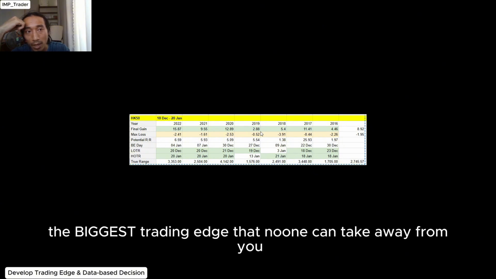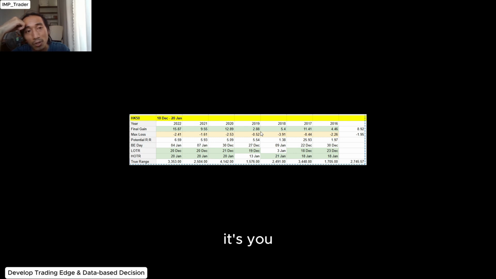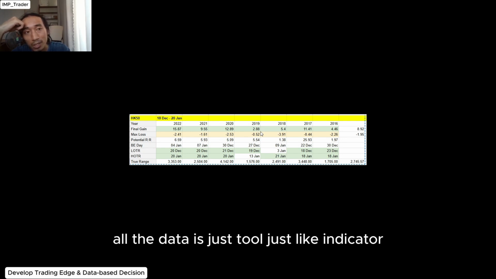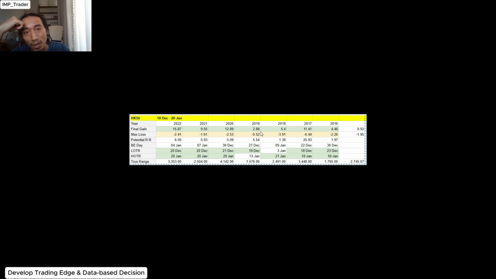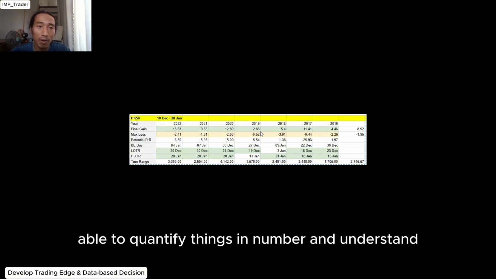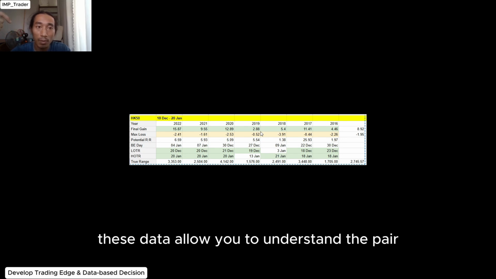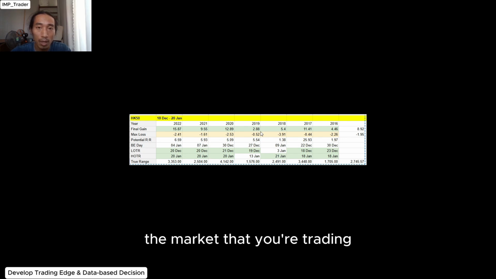it's the biggest trading edge that no one can take away from you, and it's you. All the data is just a tool, just like an indicator. They help you to be able to quantify things in numbers, and understanding the data allows you to understand the pair, the market that you're trading.